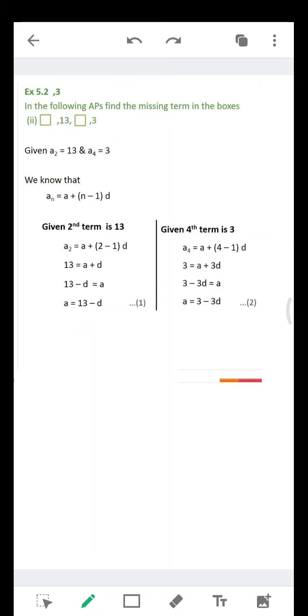Now the same things are equal to one another. We can use Euclid's axiom, or I can say substituting the A value from 1 and 2, we get 13 minus D is equal to 3 minus 3D. Simplifying this, we get the D value as minus 5.